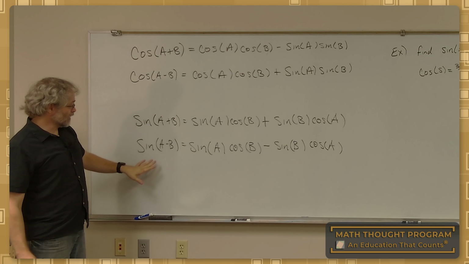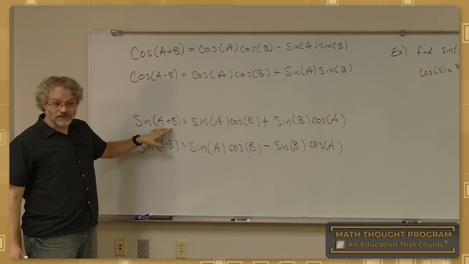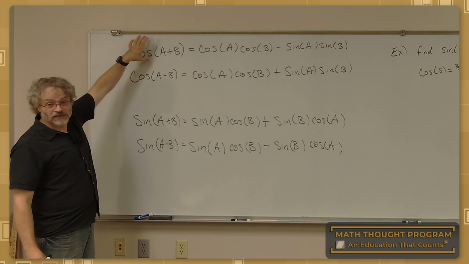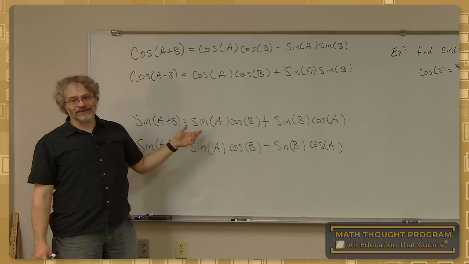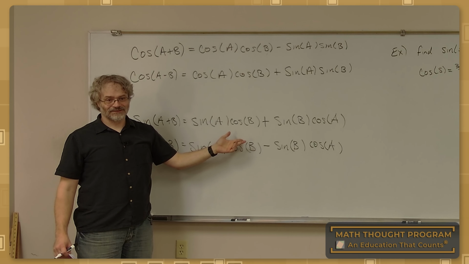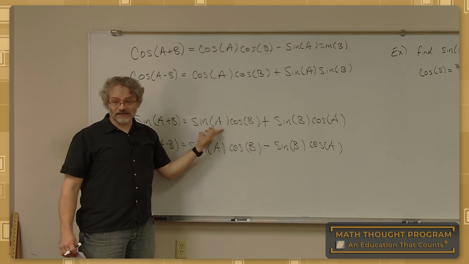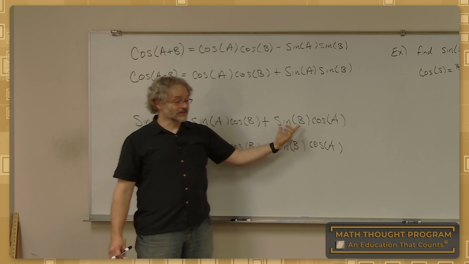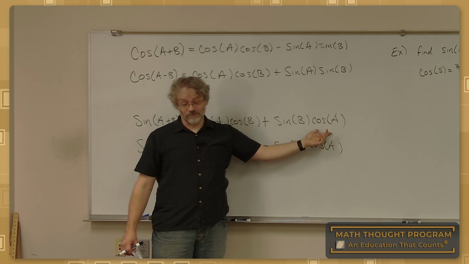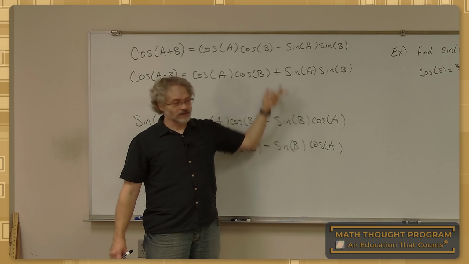So we see that we have sine of a plus b, so I want to use this. And then likewise, cosine of a plus b, I want to use this. Look at what the identities ask us to find. You've got to find sine of a, cosine of b, and then sine of b, and then cosine of a, for both of these.